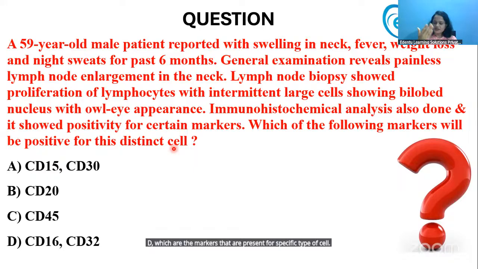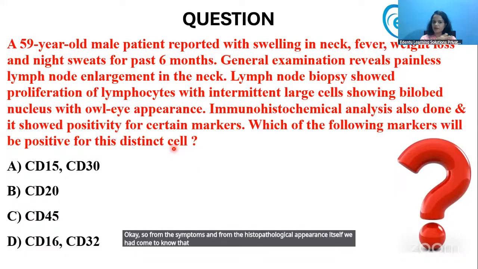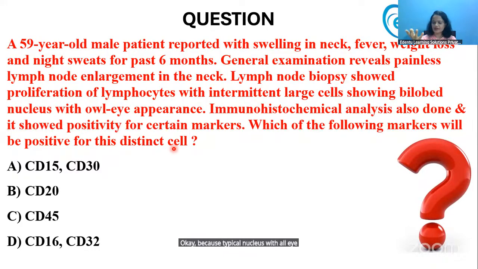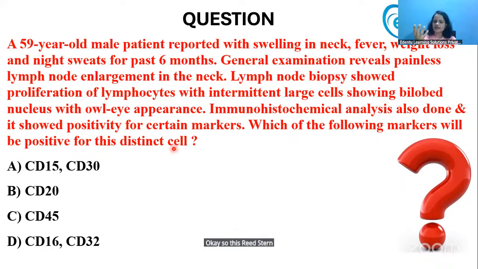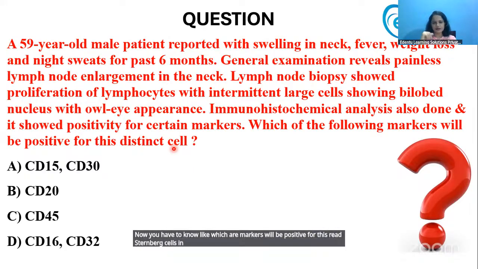From the symptoms and from the histopathological appearance itself, we come to know that they were talking about Hodgkin's lymphoma, because a typical nucleus with owl-eye appearance is a typical feature of Reed-Sternberg cells. These Reed-Sternberg cells are seen in Hodgkin's lymphoma only. Now you have to know which markers will be positive for these Reed-Sternberg cells in Hodgkin's lymphoma.